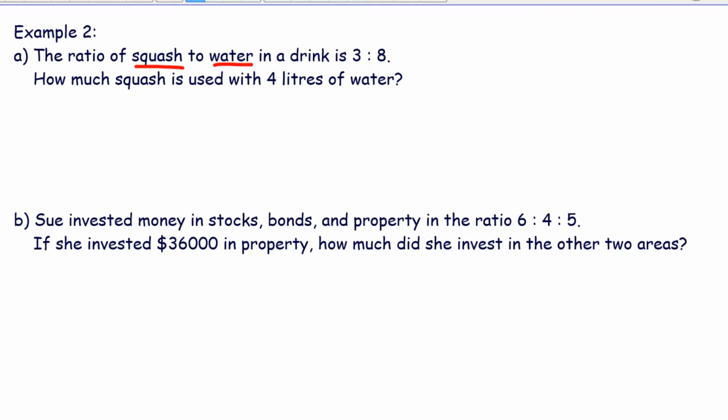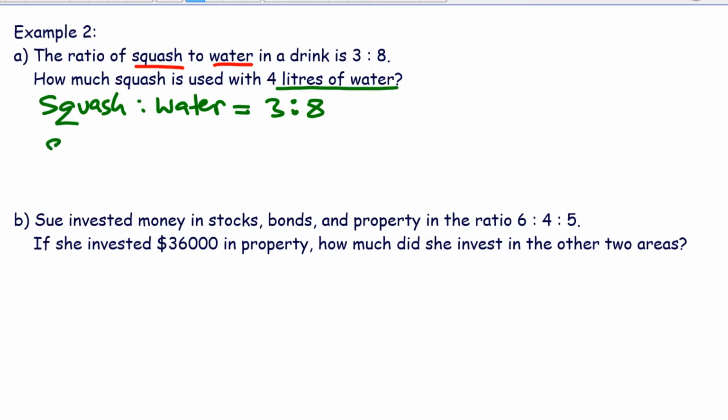We know that squash to water is 3 to 8. But I have 4 liters of water, which means that squash to 4 liters of water should be equal to 3 to 8. And by inspection, we can find the missing number.